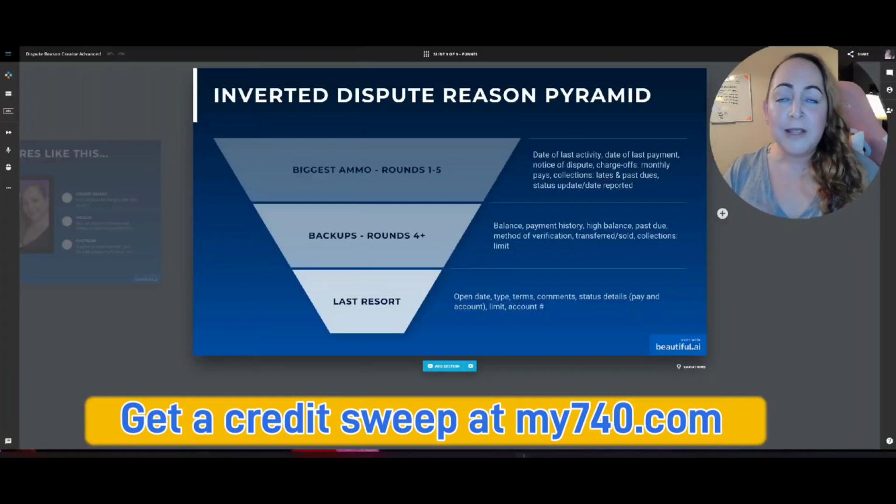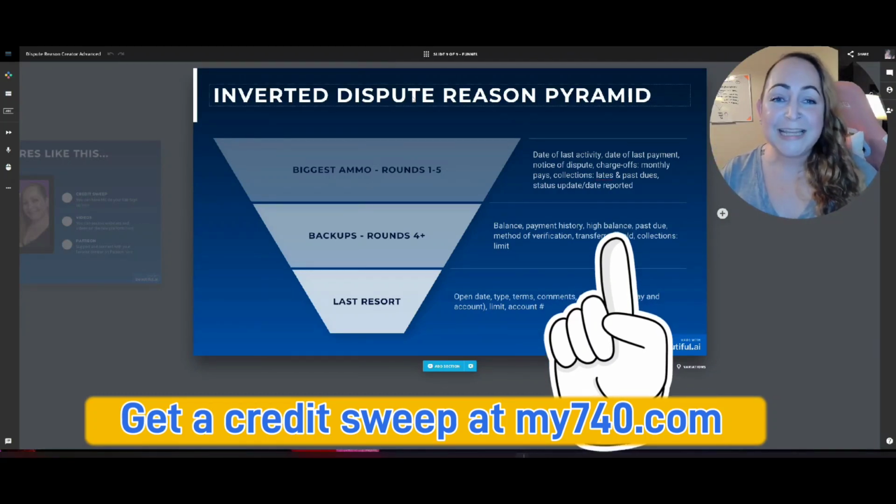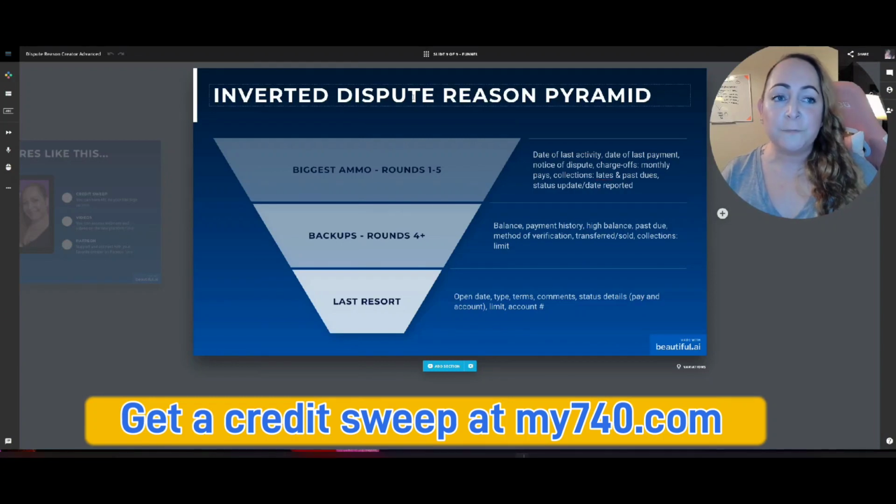So if we jump over into this presentation, you're going to see the inverted dispute reason pyramid. And at the top of it, it tells you the exact dispute reason that you want to use to remove charge-offs, okay? So rounds 1 through 5, we're using date last active, date of last payment, notice of dispute, monthly payments on charge-offs and collections, late and past dues, and status update, date reported.